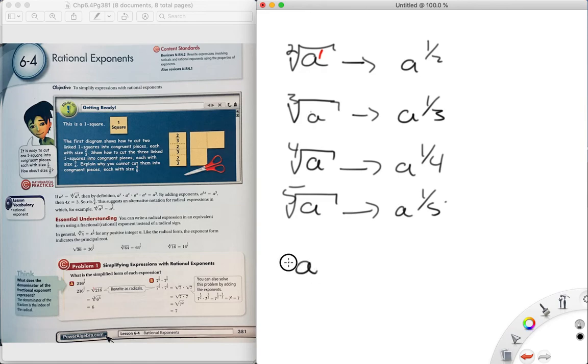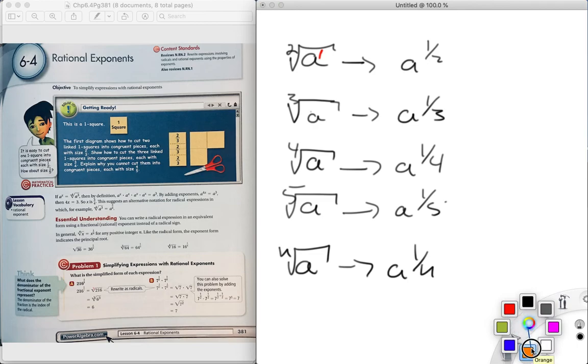If you got a to the nth root, it would be a to the 1/n. Okay, so whatever is your index is your denominator. Whatever you're rooting by is your denominator.